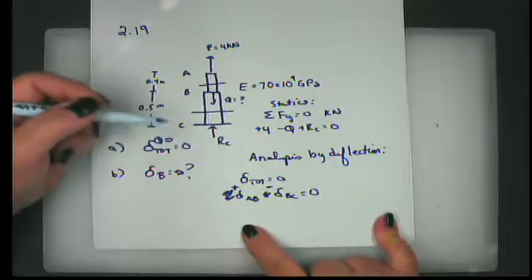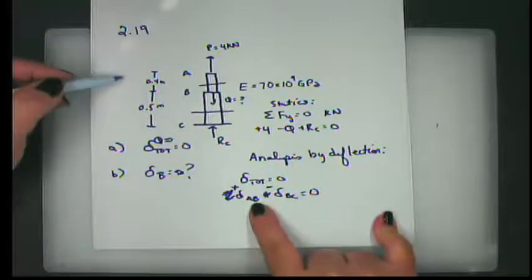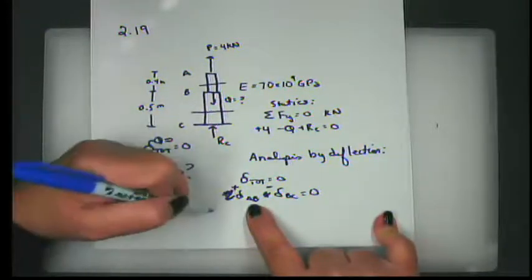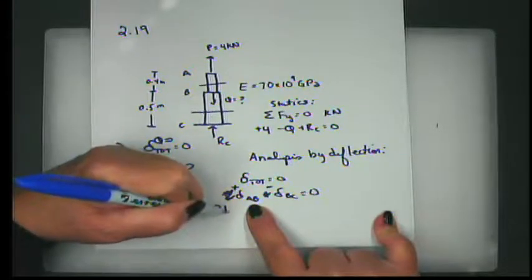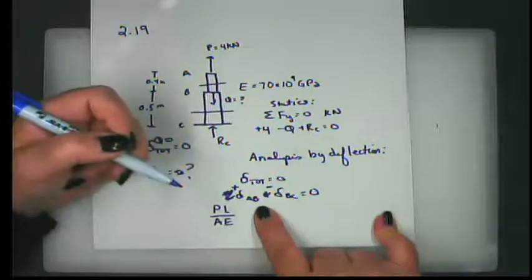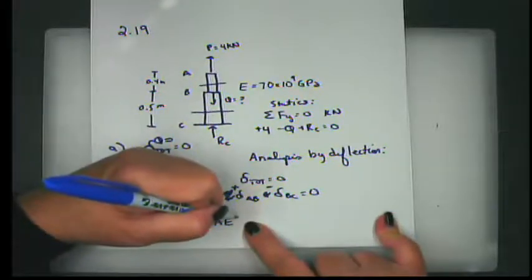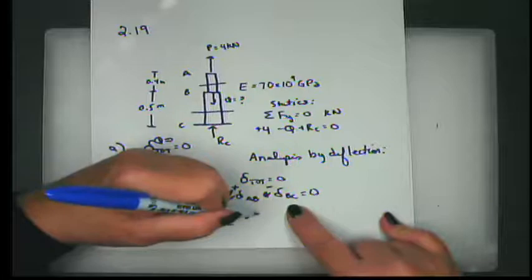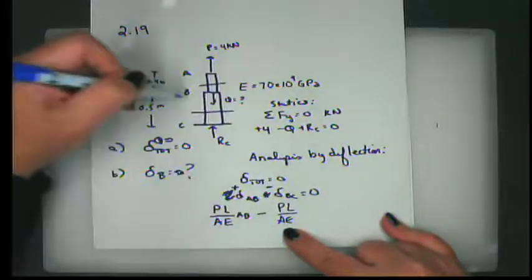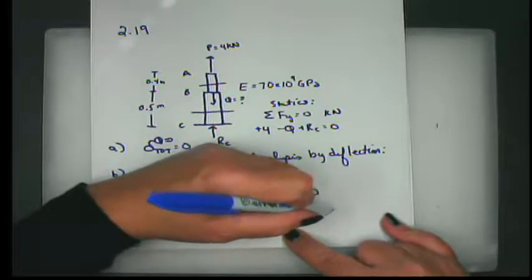All right, so let's think about what that means. On the last problem, when I rewrote Hooke's law, I found that del is equal to PL over AE. So I have PL over AE in part AB minus PL over AE in part BC, sum up to be 0.